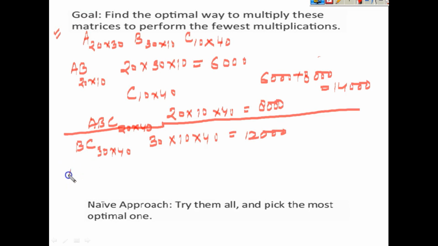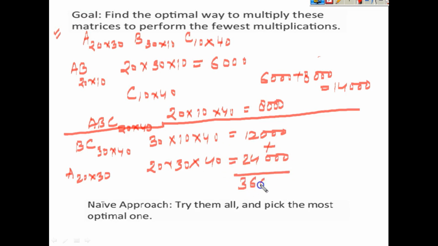And then I will multiply A, of order 20 cross 30, with BC, and the number of multiplications will be 20 into 30 into 40, which is 24,000, and the total required will be 36,000.